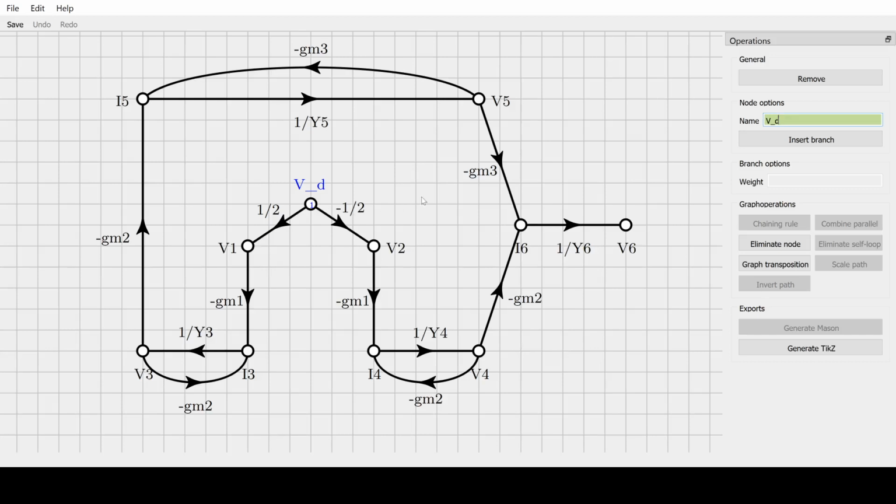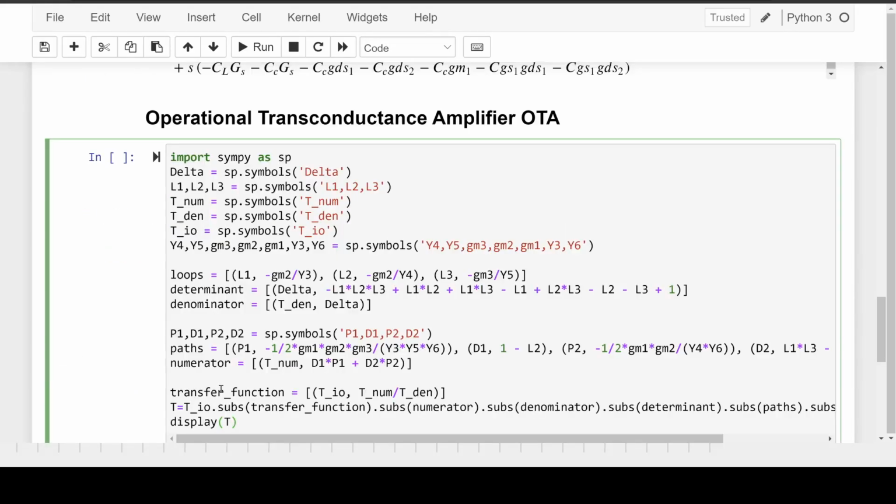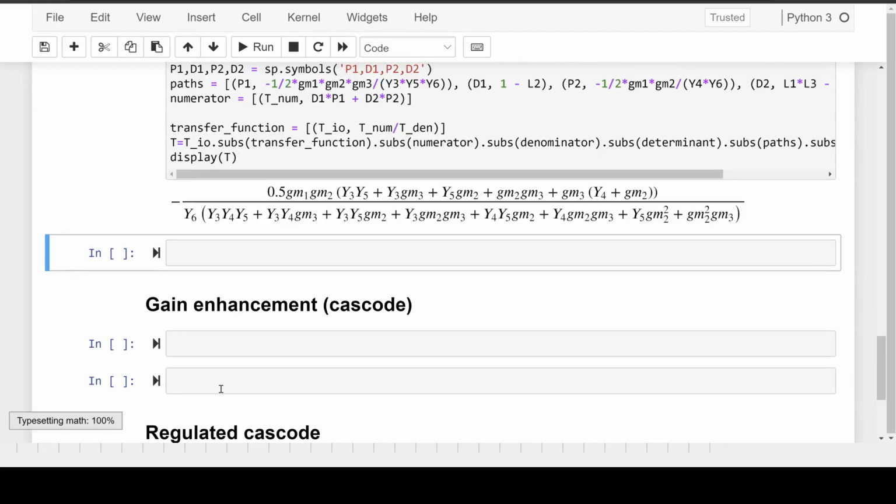If I now take this and calculate the Mason gain and put that into my worksheet for the operational transconductance amplifier, a 0.5 I get. Yeah, it is not really nice what I get.